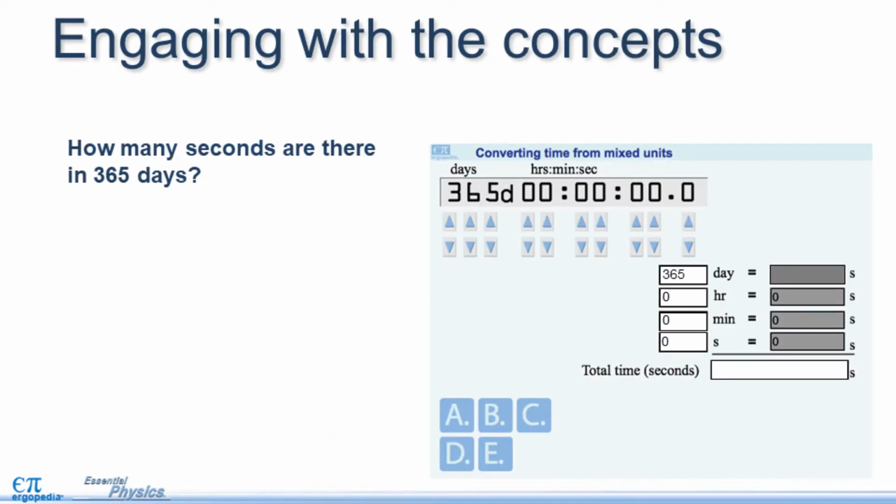When you click the icon, you'll see this screen here that'll pop up. It'll actually be a pop-up window. And what you do is you just type in the number that you want to convert. So for instance, how many seconds are there in 365 days? Go ahead and enter 365 for the days.